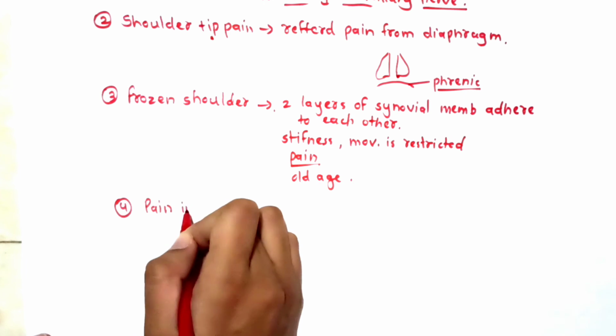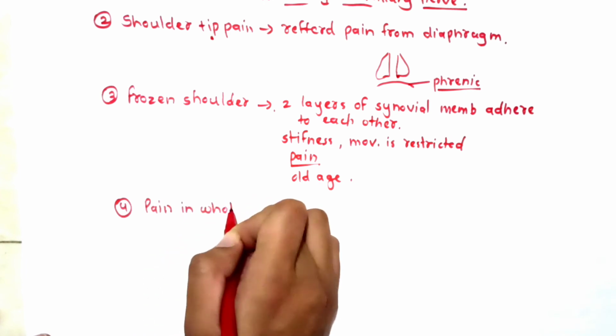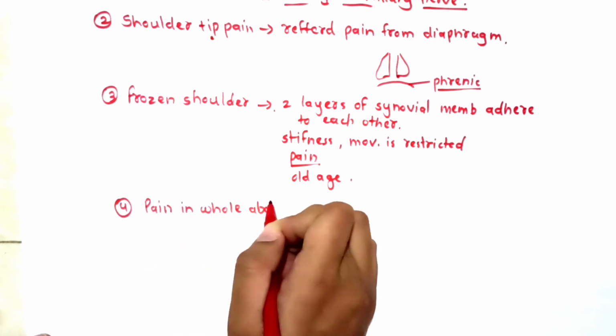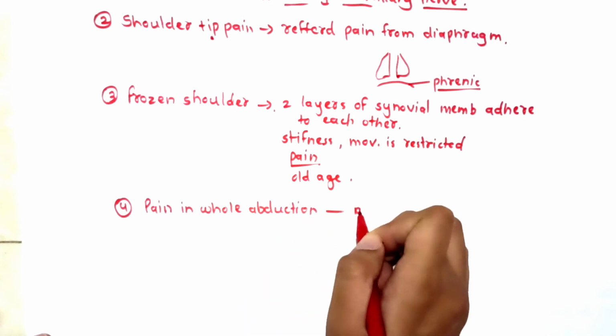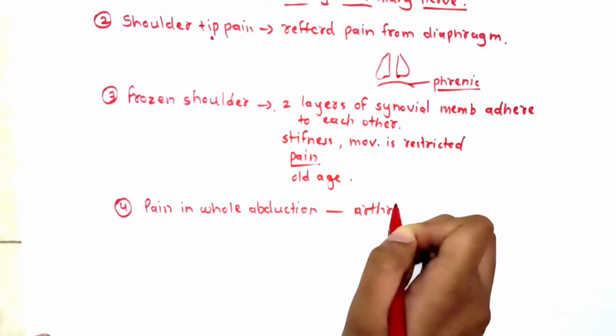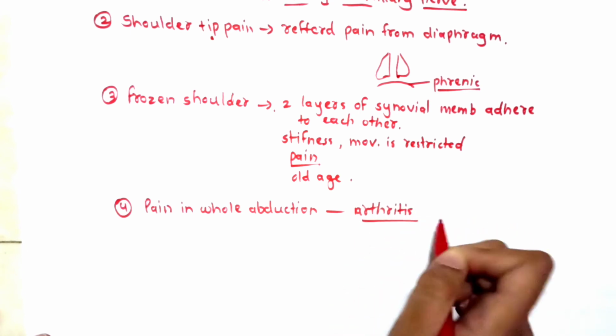Now the fourth one: when there is pain in the whole abduction, it indicates arthritis, that is inflammation of joints.